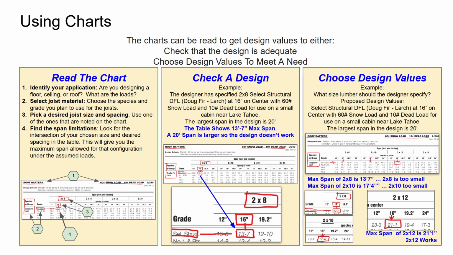Okay, so now maybe I say, well, I want to keep my 20-foot span. What do I do? So I'll go choose some different design values. Maybe I want to stay with select Doug fir, I want to stay with 16 on center, 60 and 10, and I want to keep my 20, what can I do?